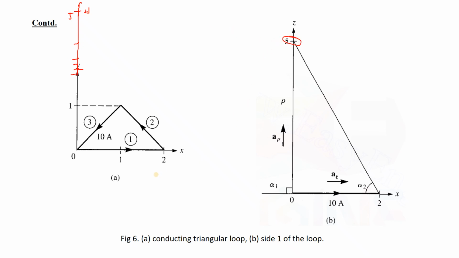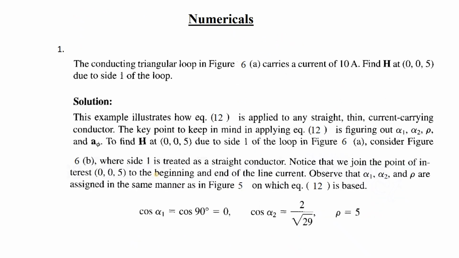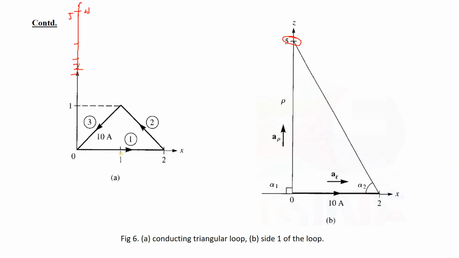At this point you have to find the value of H, which is represented over here also. You have to find that value of H at that point due to side 1 only, not due to all the current conductors. The other sides are imaginary now, because they don't exist.